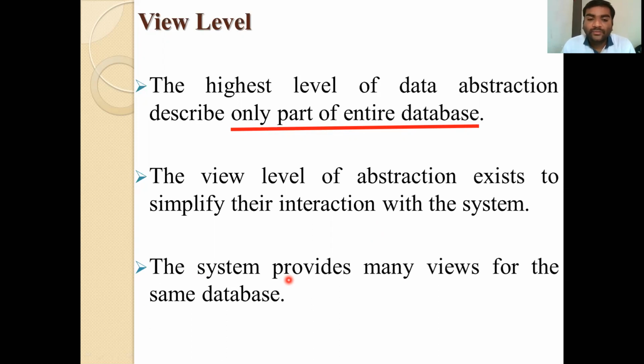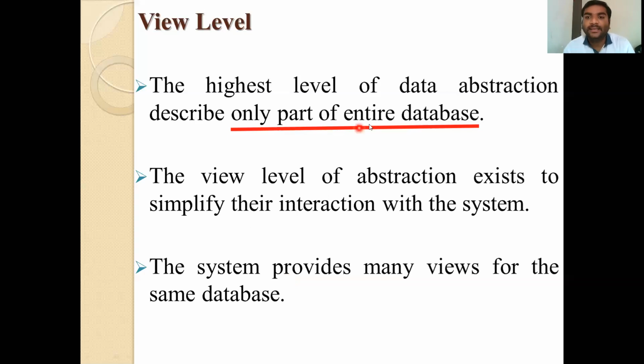There is only one database, but it can provide different views. That means at the same time, multiple users can access that application or web portal, and there is a huge amount of data in the backend, but all the users get views. You can see the different products on your mobile or laptop screen. That's why the system provides many views for the same database.